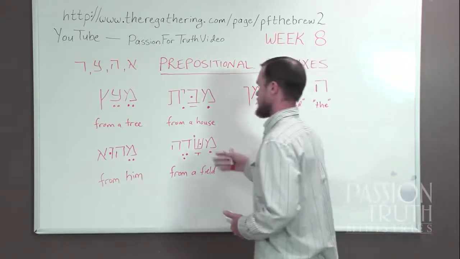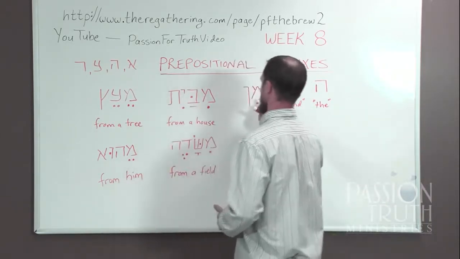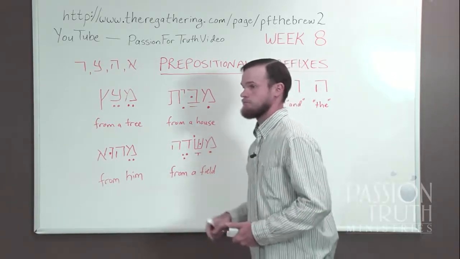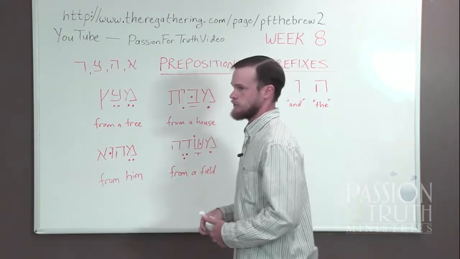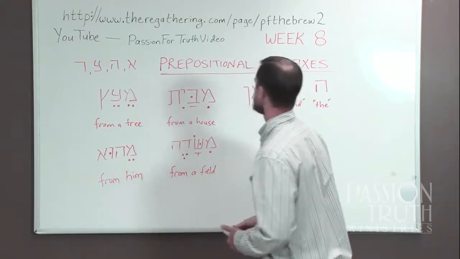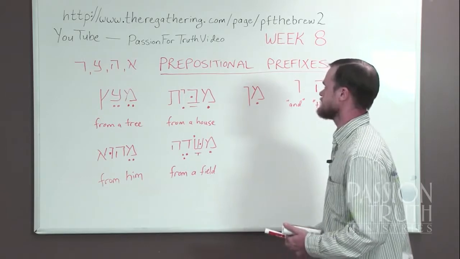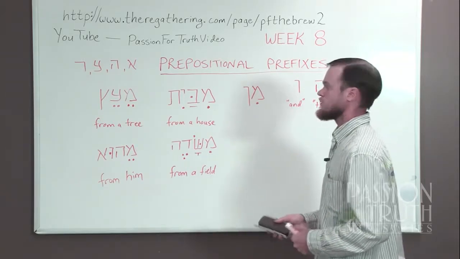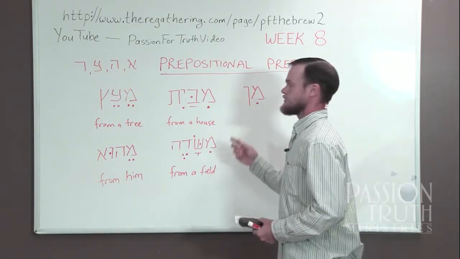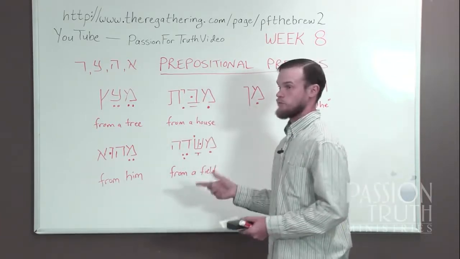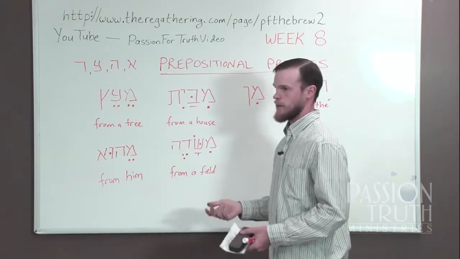And in any of these cases, you could just use the word min as a separate preposition instead of the mem prefix. The two are entirely interchangeable. So we could say min bayit, from a house, or mibayit, from a house.